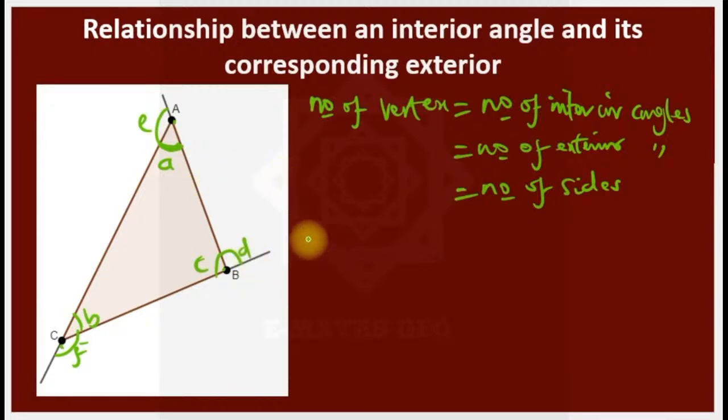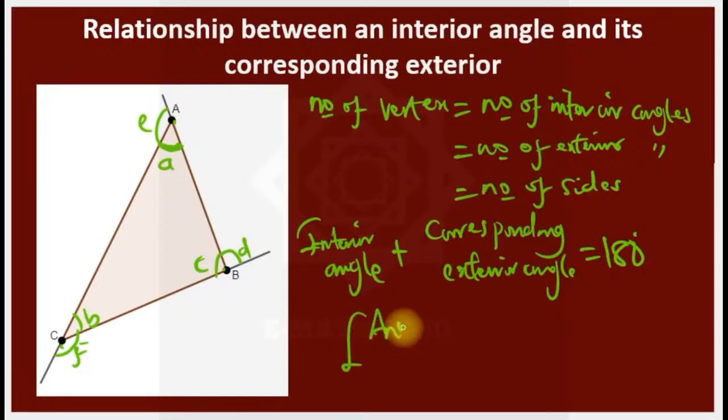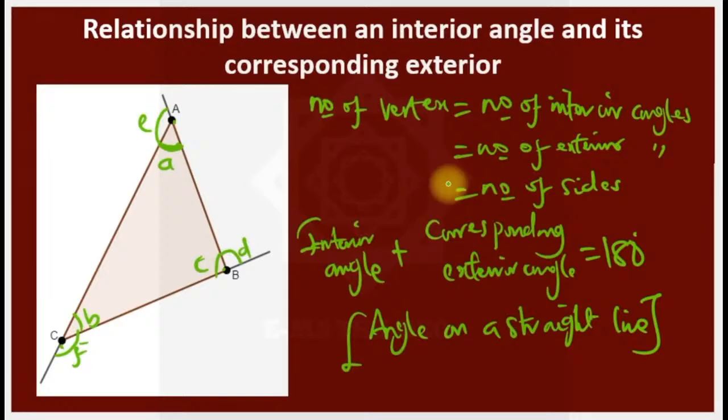We'll notice that the sum of any interior angle plus the corresponding exterior angle must be equal to 180 degrees, based on angles on a straight line. So that's the relationship connecting an interior and its corresponding exterior angle.